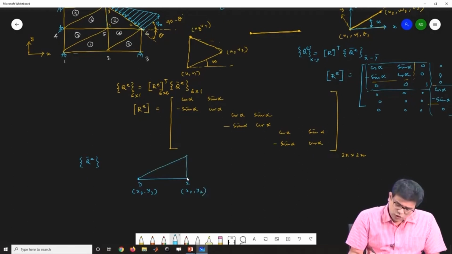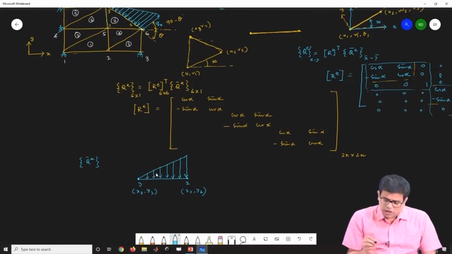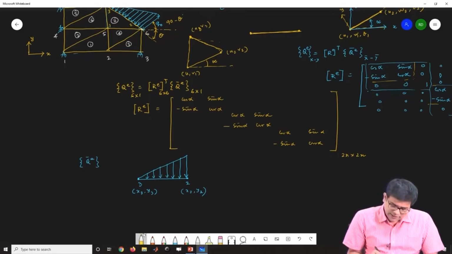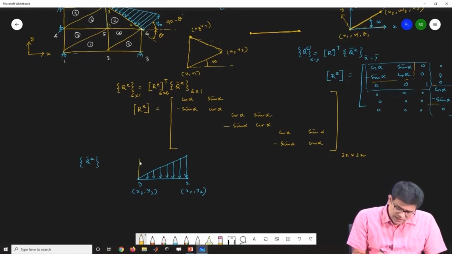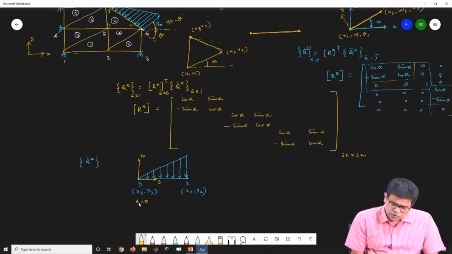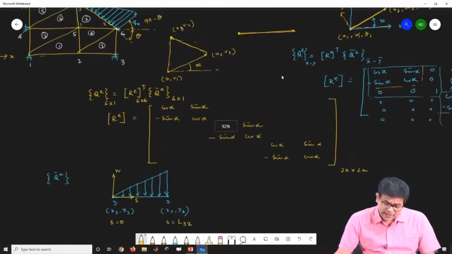So this triangular load is vertically downward, so that means the contribution is negative. Now if I impose a local coordinate system, along this is the normal n, and along this is my S. So now the point 3 contributes to S equals 0, and point 2 is S equals the length of this side 3 2, that is L32.